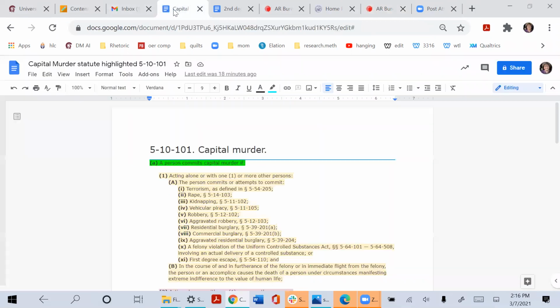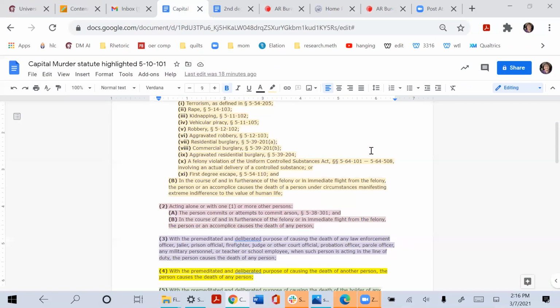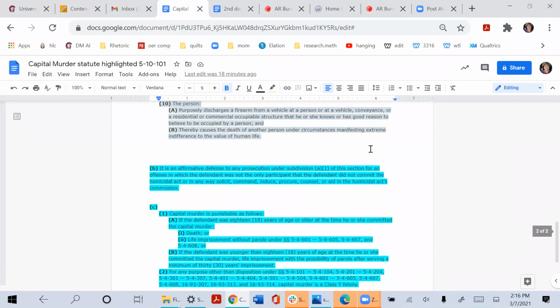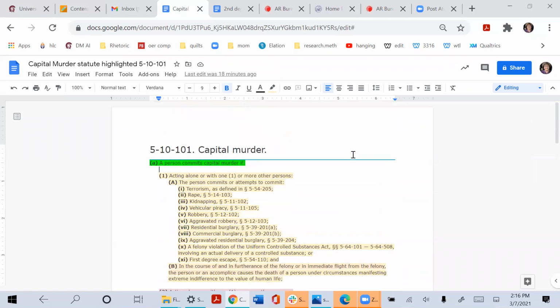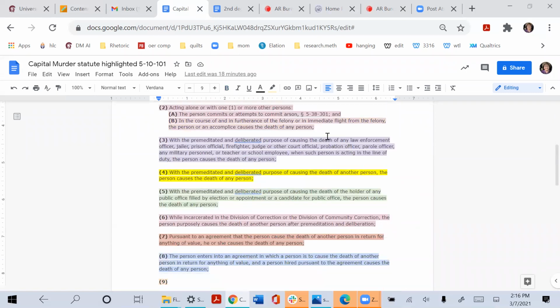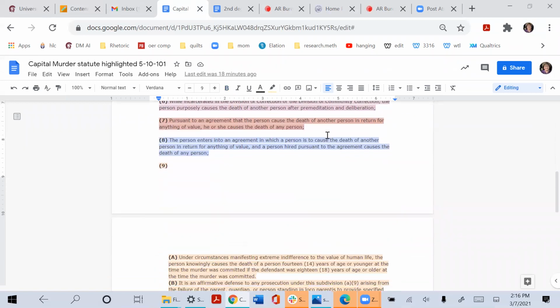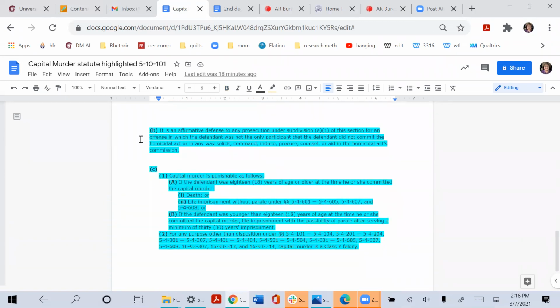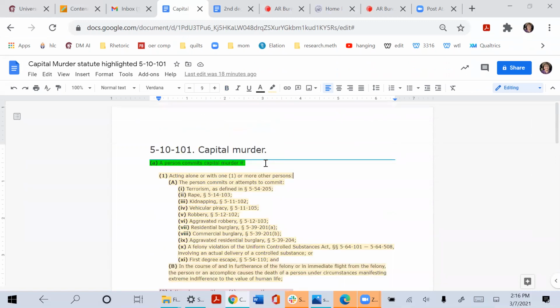So here is my capital murder statute in a Google Doc with highlights. Now, the same structure is being used, it's just that there's more stuff that they have to say. Lowercase a is the definition of capital murder, and then everything under that a up until lowercase b and this teal highlighting, all of that is the definition of capital murder.